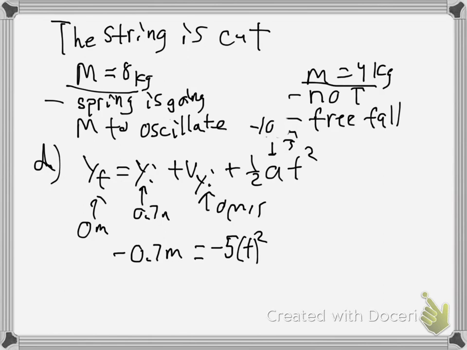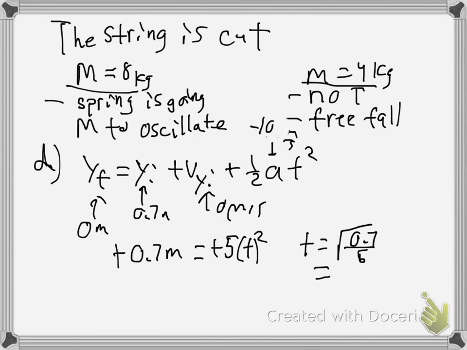Alright, so then t is going to equal, right, so this is going to go away. So we're going to get a positive value under our radical. It is going to equal 0.7 divided by 5.